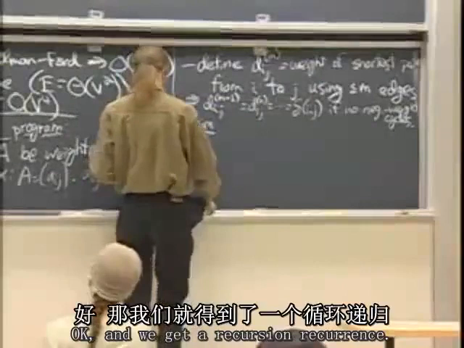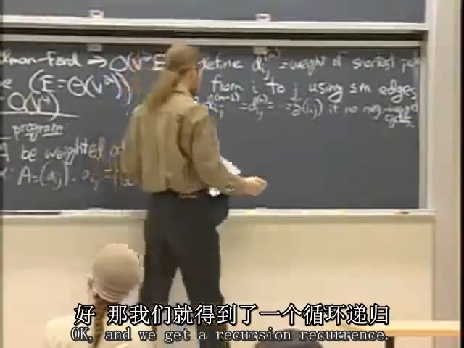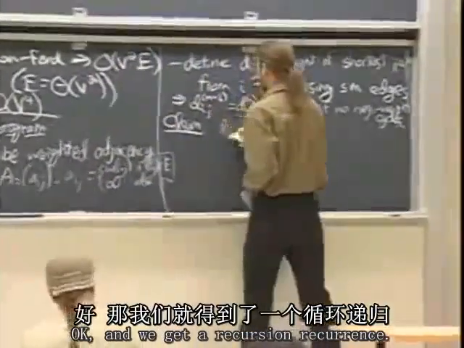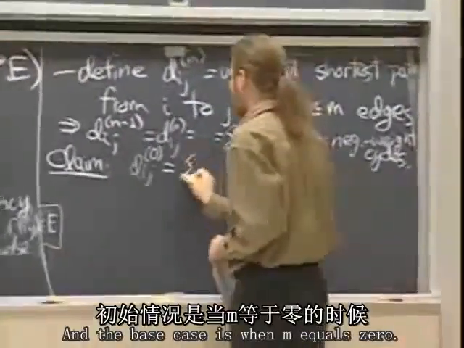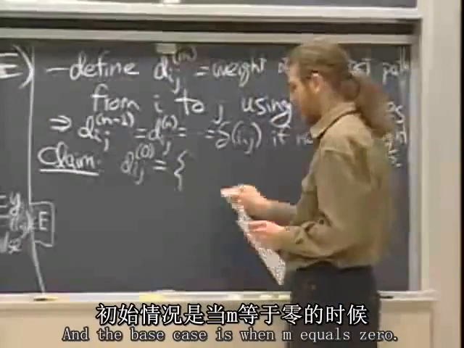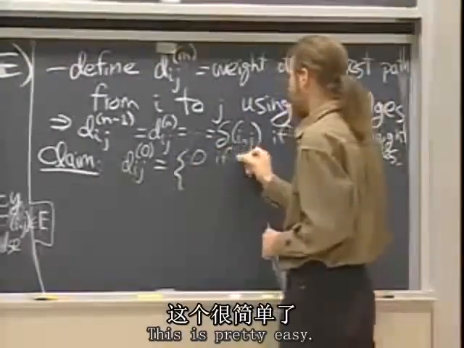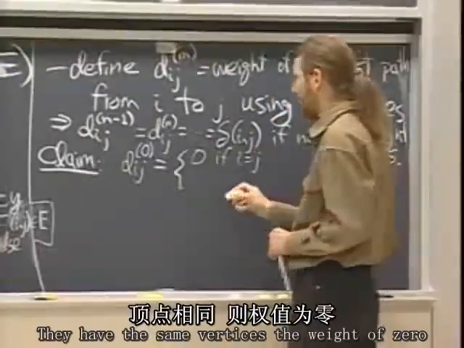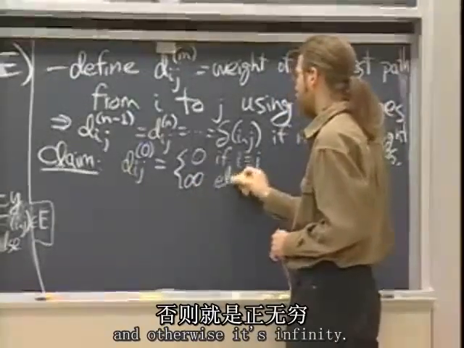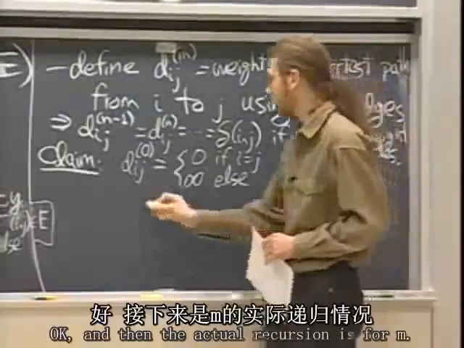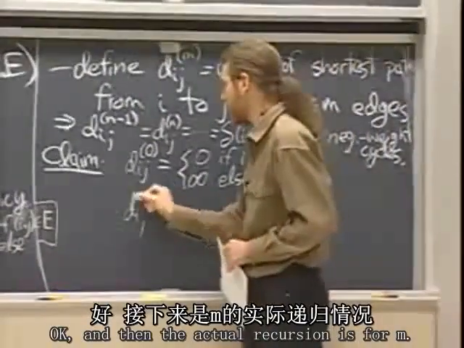Okay, and we get a recurrence. The base case is when m equals 0. This is pretty easy. If you have the same vertices, the weight is 0, and otherwise it's infinity. And then the actual recursion is for m.